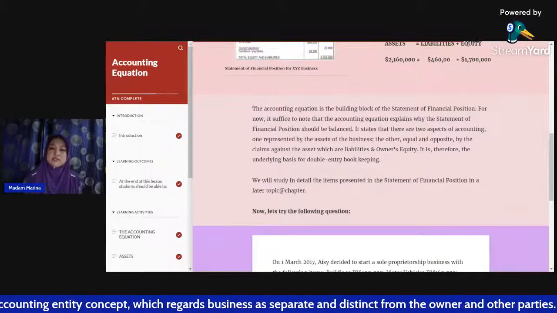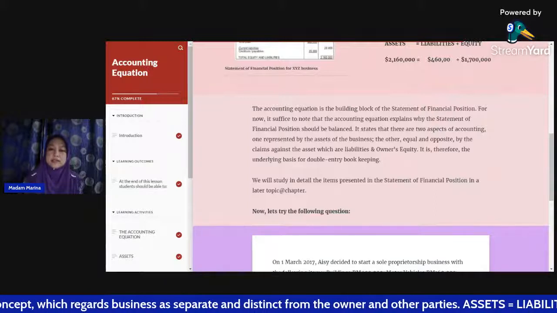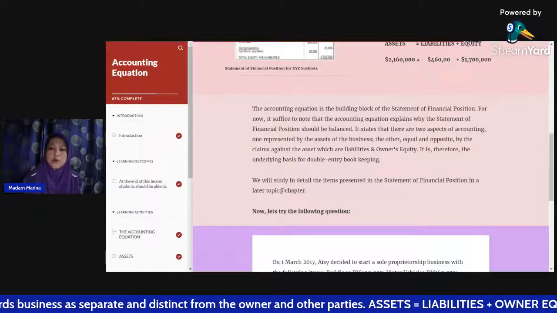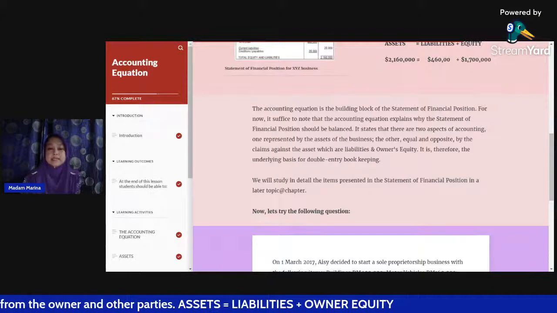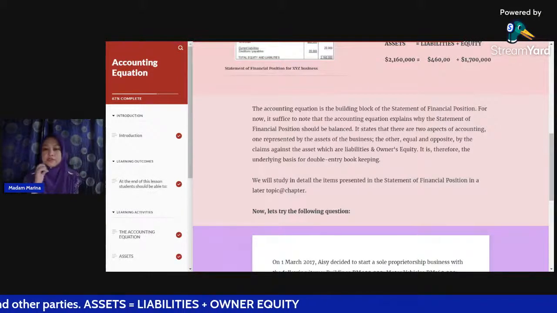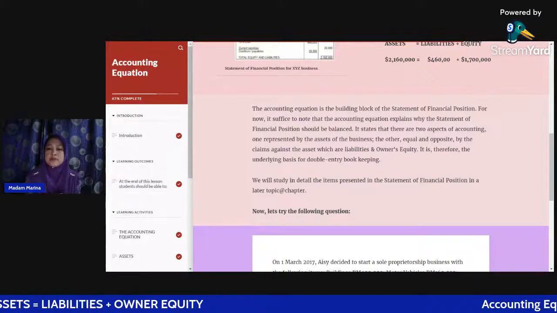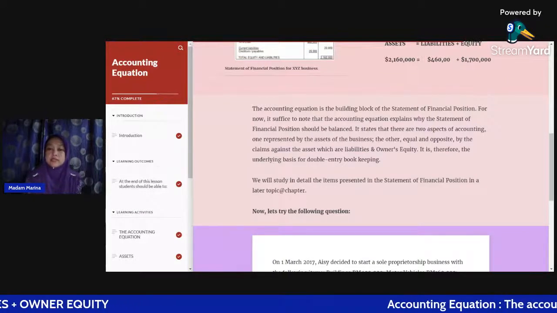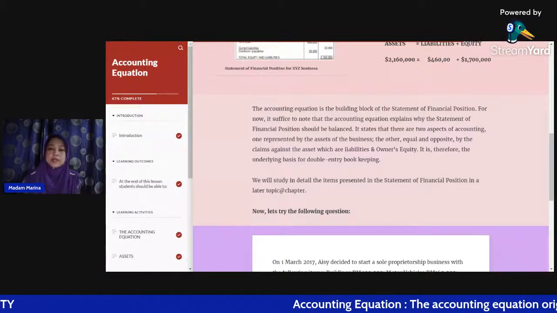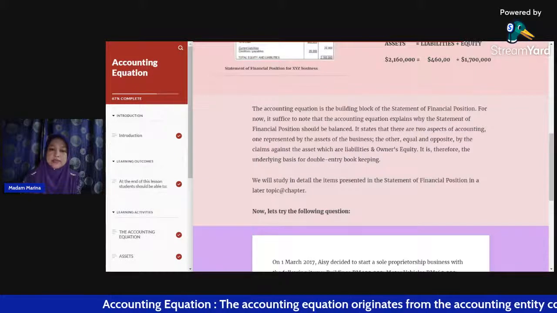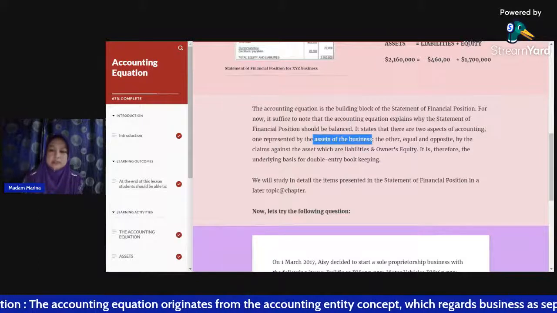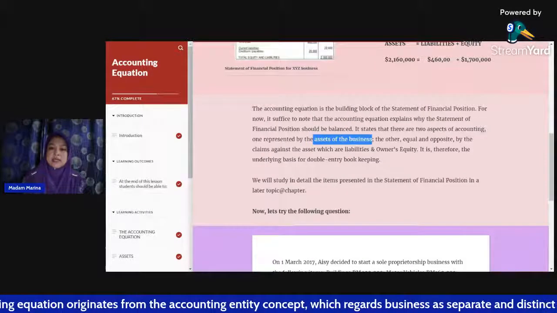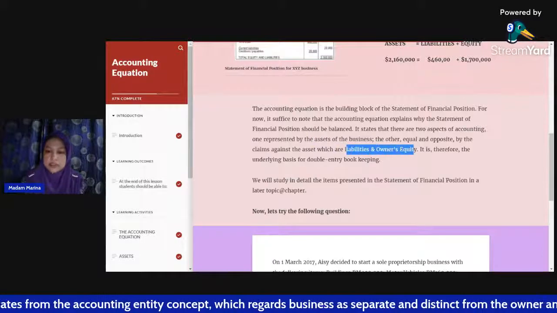For now, it suffices to note that the accounting equation explains why the statement of financial position should be balanced. Total asset must tally with liability plus equity. It states there are two aspects of accounting, one represented by the assets of the business and the other represented by liabilities and owner equity.